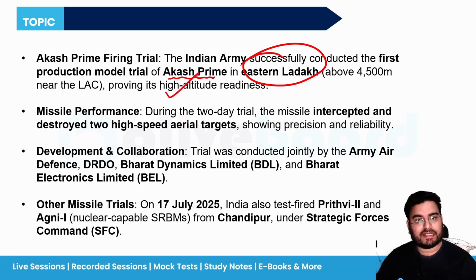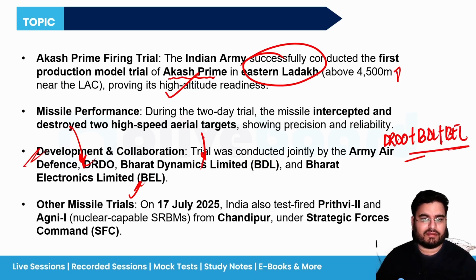That's why they have tested it in Ladakh, right? Because it is above 4,500 meters and it is near the line of actual control. And this has been developed by DRDO and Bharat Dynamics Limited along with BEL. So DRDO plus Bharat Dynamics Limited and BEL, these are the three developers of this particular missile. Got it? Chalo.